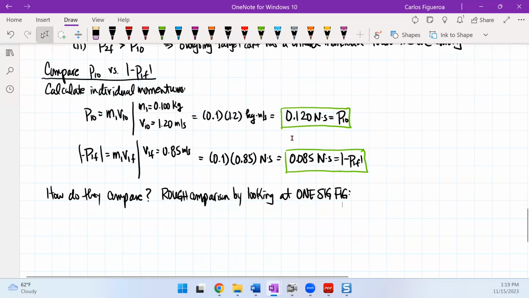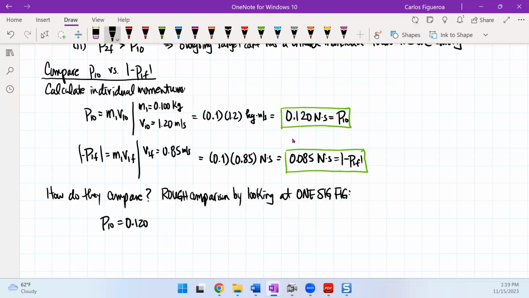If you look at one sig fig, we could say that P1 initial, which is equal to 0.120 Newton second, is effectively 0.1 Newton second, versus minus P1 final. This is 0.085 Newton second to 1 sig fig. Well, that's like 0.09. I could then say that this is roughly going to be 0.1 Newton second. So you can see here that they're comparable, right?